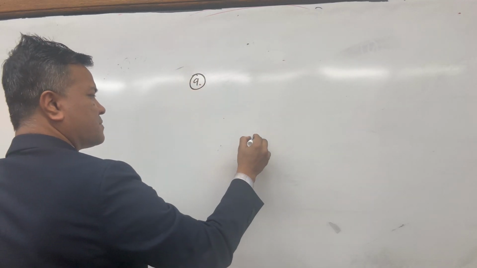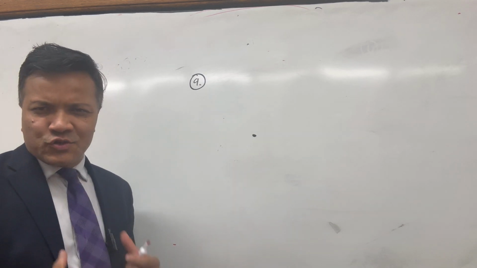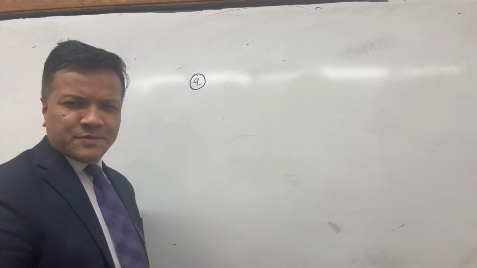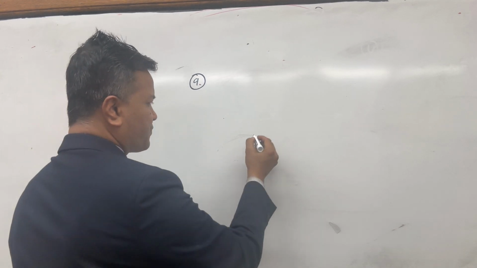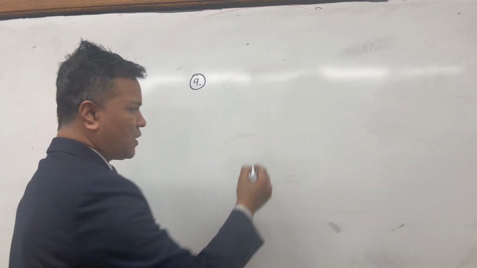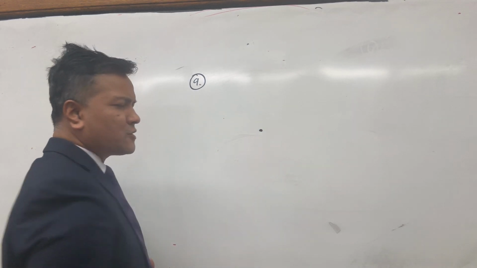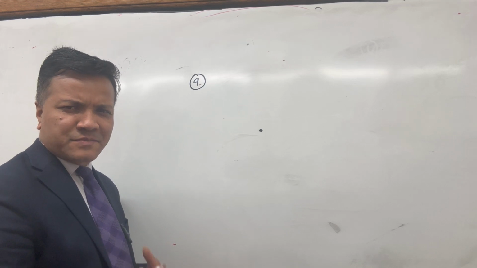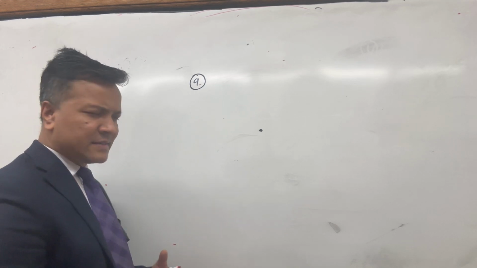Problem 9: there is an object sitting here and 2 forces act on this object at the same time. That's why we call it concurrently.